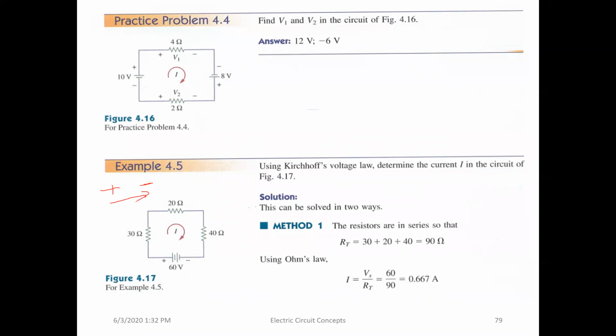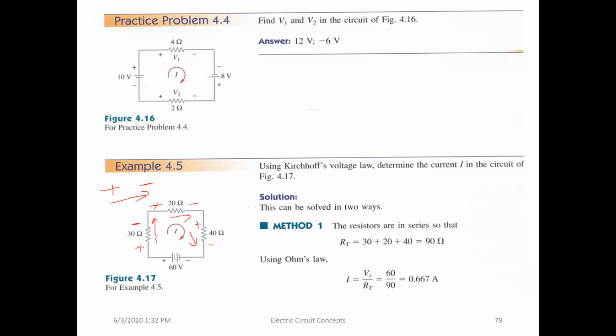So since this I is going up here, then this is a plus, this is a minus. Same thing here. This is a plus, this is a minus, this is a plus, this is a minus. Okay, so this is the first step you do if the polarities are not given.